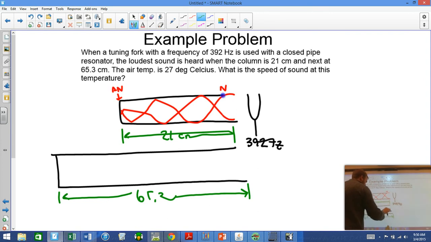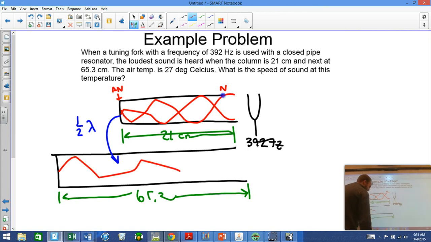The key to this is that remember that these differences between here were always half of a wavelength. That's the key. What's going on is that I've got that same pattern, but then I've got an extra half of a wavelength on the end. I've got an extra half of a wavelength stuck on here.